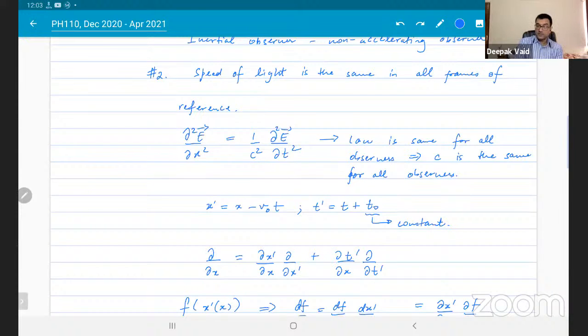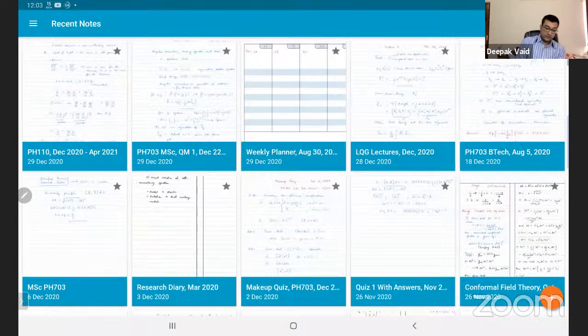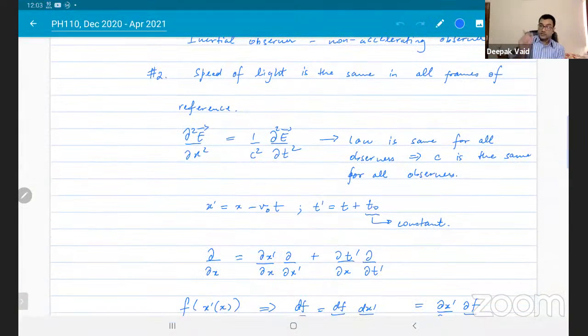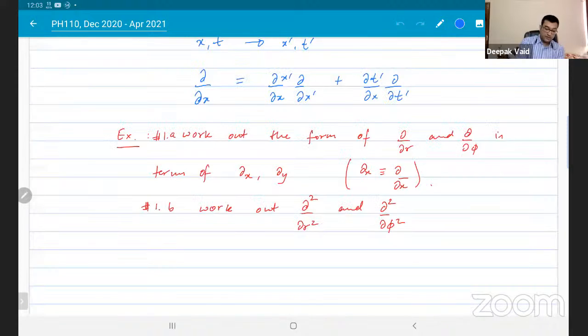Then you will get a term which involves d squared by dx prime dt prime. You'll get a mixed term. So the wave equation is not preserved under Galilean transformation. Okay.